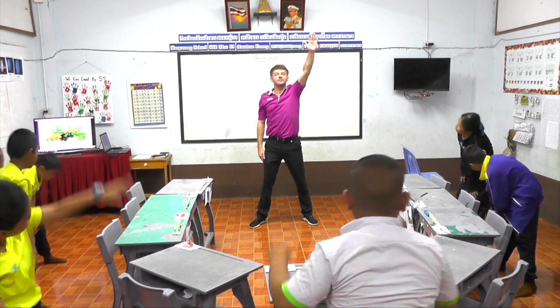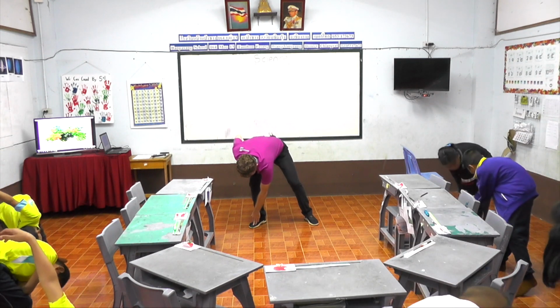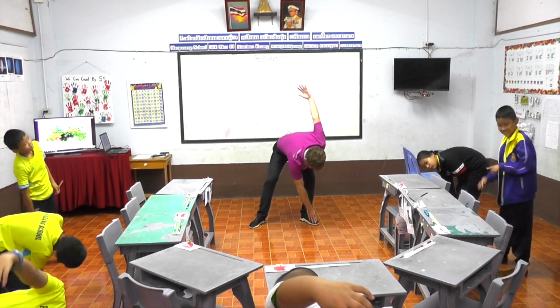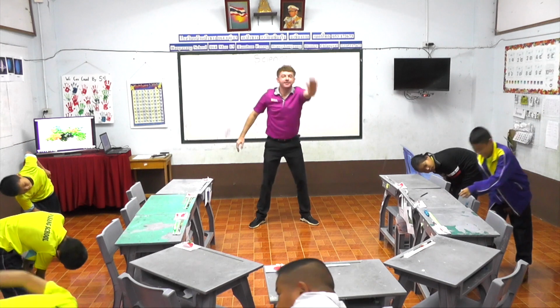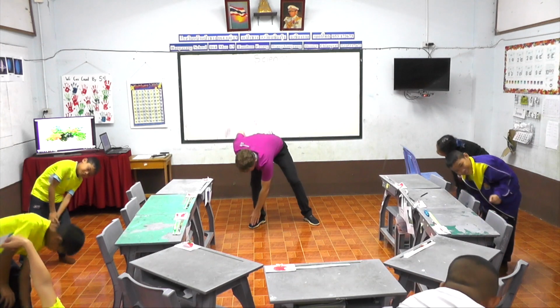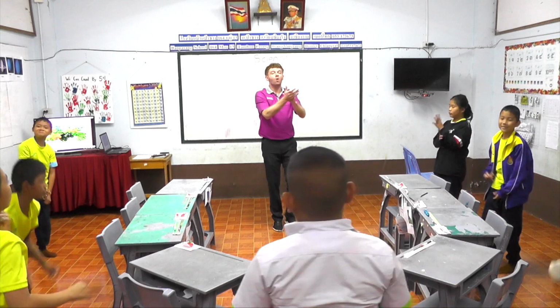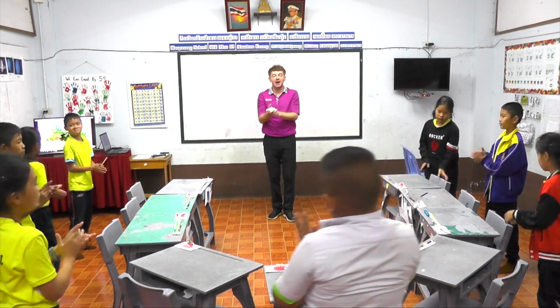Left hand, right foot. And final couple now. Right hand, left foot. Left hand, right foot. And to finish, guys, we can do 5 claps. 1, 2, 3, 4, 5.